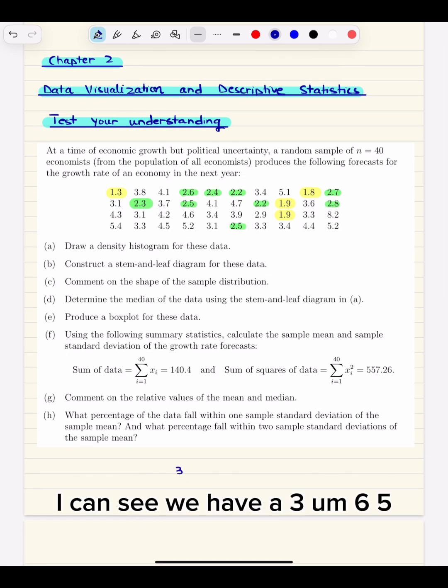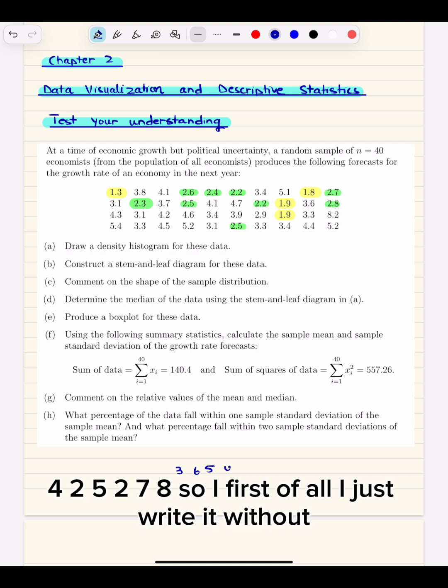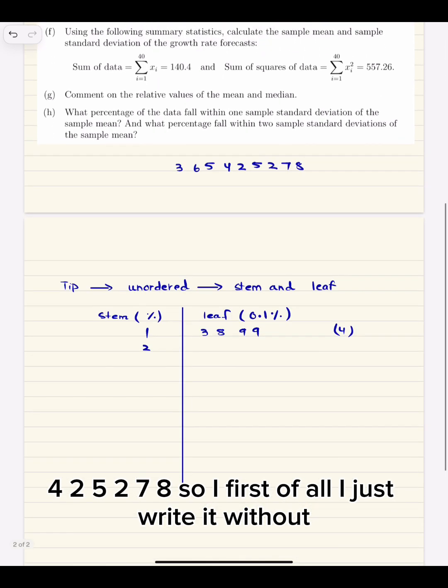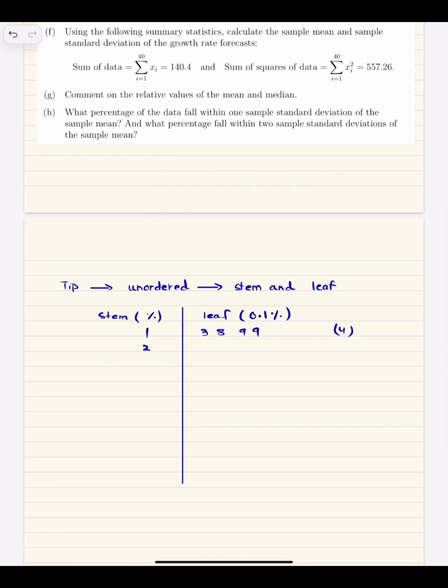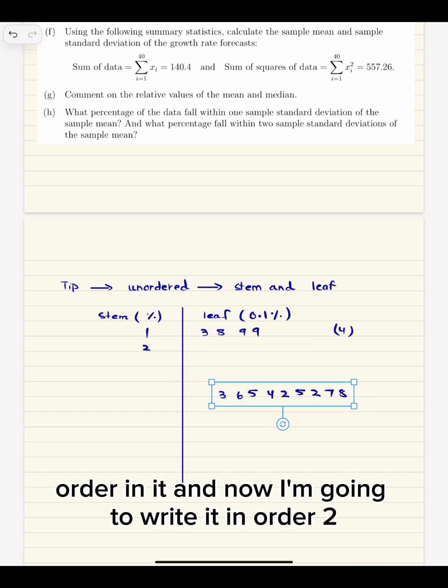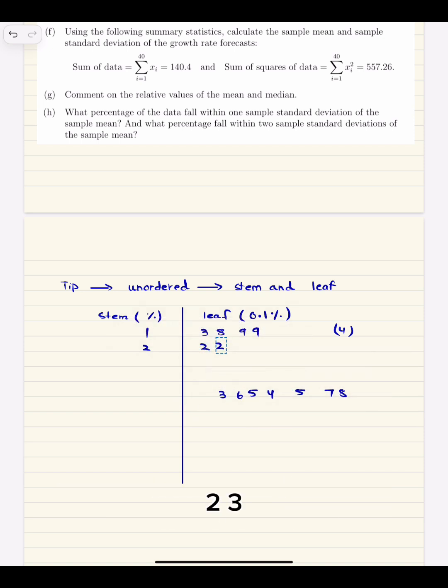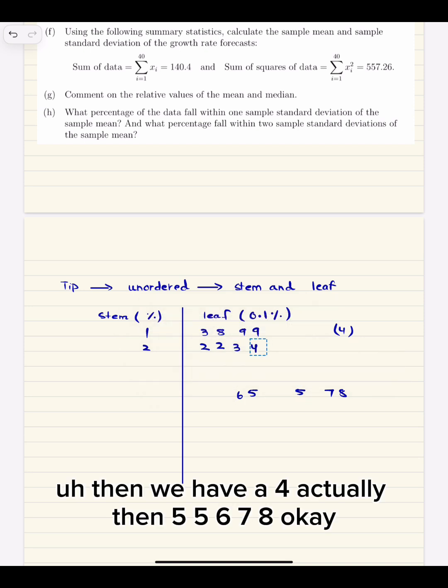I can see we have a 3, 6, 5, 4, 2, 5, 2, 7, 8. So first of all, I just write it without putting order in it, and now I'm going to write it in order. 2, 2, 3, then we have a 4 actually, then 5, 5, 6, 7, 8.